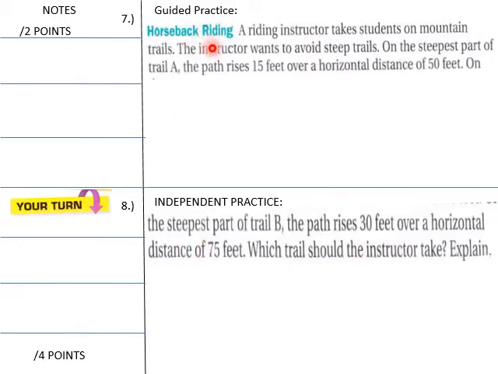Now we have horseback riding. A riding instructor takes students on mountain trails. The instructor wants to avoid steep trails. On the steepest part of trail A, the path rises 15 feet over a horizontal distance of 50 feet.